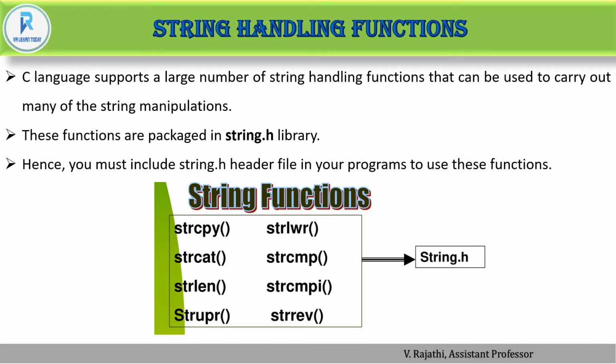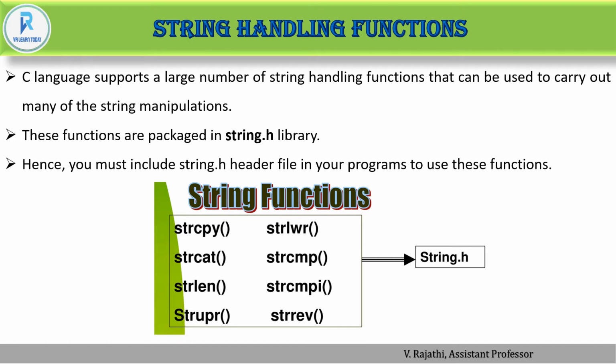Let's see what string functions are available in the string.h header file. The C language supports a large number of string handling functions that can be used to carry out many string manipulations. These functions are packaged in the string.h header file. That's why we have to include it before using them.